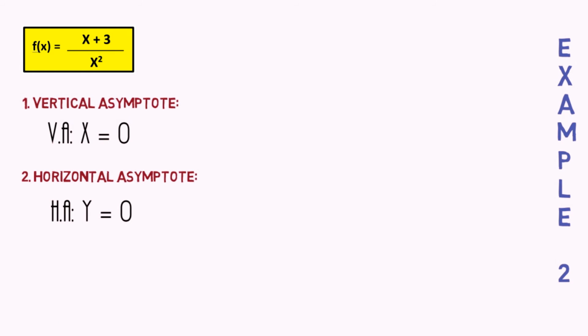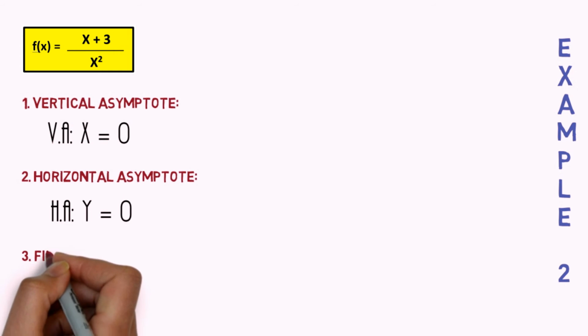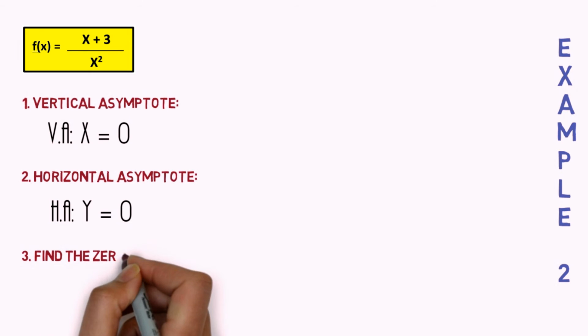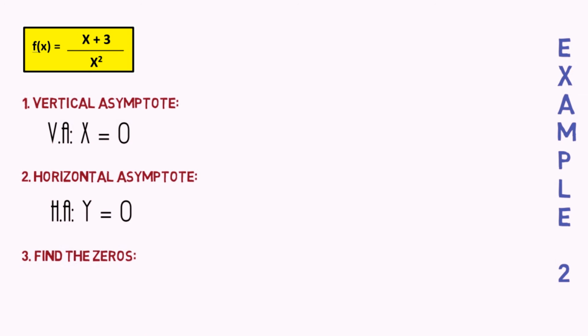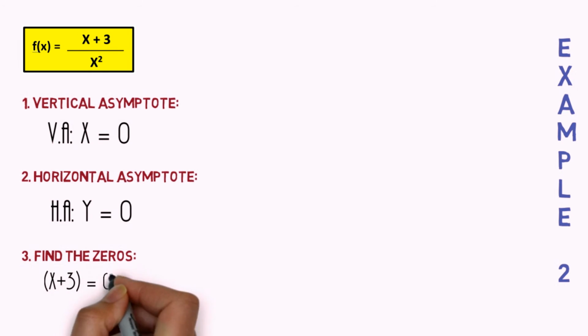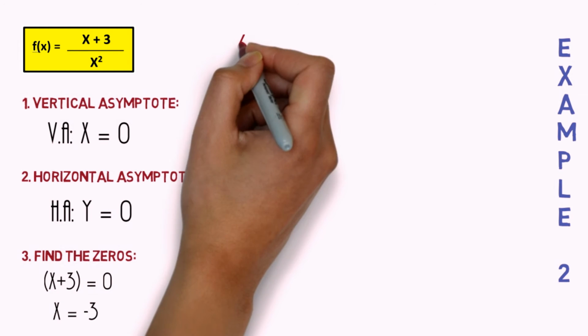y equals 0. Remember, in general, if the degree of the denominator is greater than the degree of the numerator, you always have the horizontal asymptote of y equals 0. There are also zeros. The zeros are when the numerator equals 0, and that's why x is equal to -3.